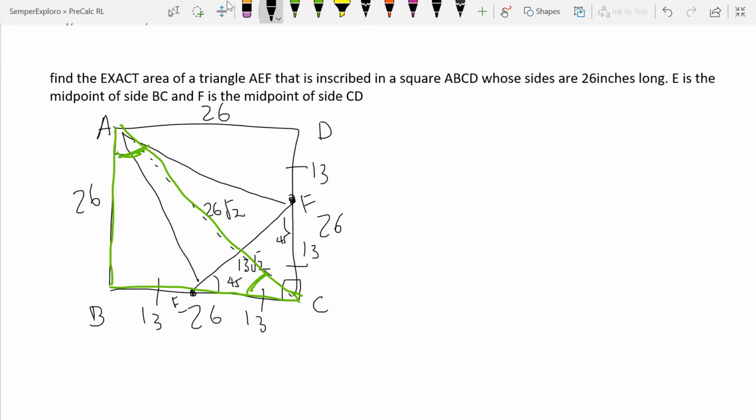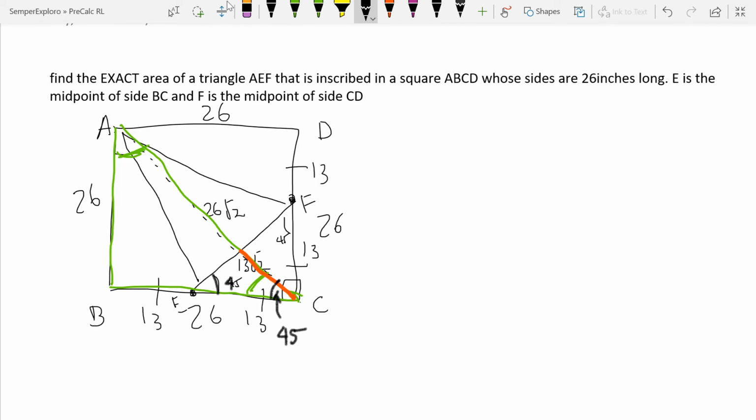Now for here, since we know this is 13, we would have to find the remaining height, subtracting this portion. In order to do that, this must be 45, because it's bisecting the whole thing.